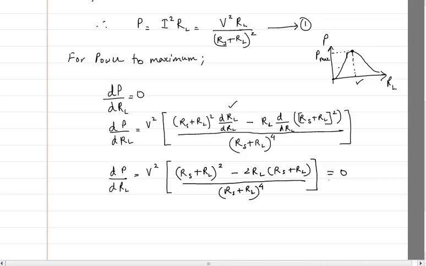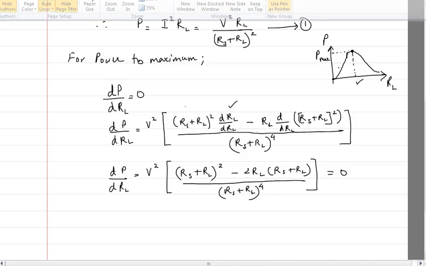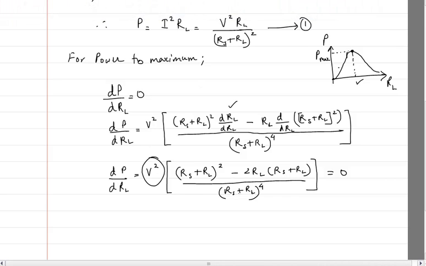If this has to be 0, then V square is a constant and can't be 0. And what about the denominator? We can't make the denominator infinity, because with infinity we cannot write. So the only term that can be made 0 here is the numerator.